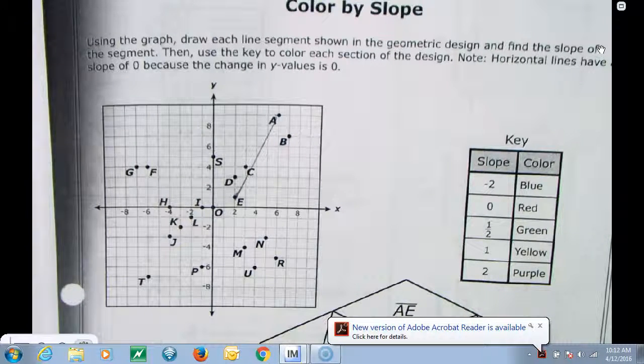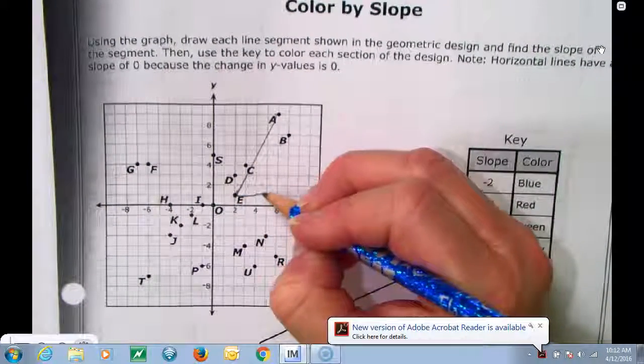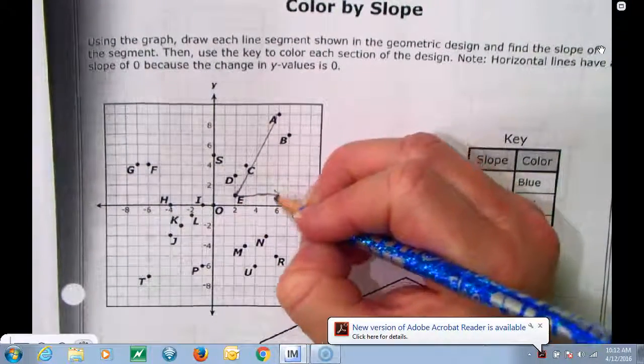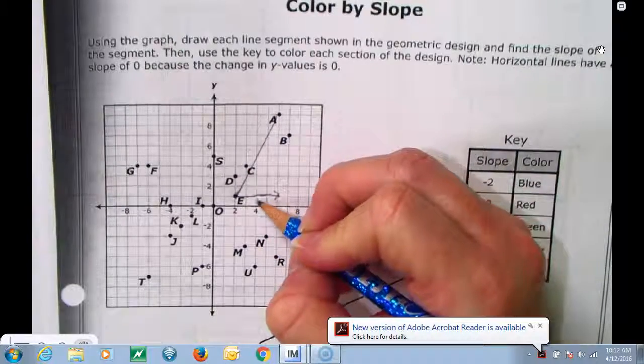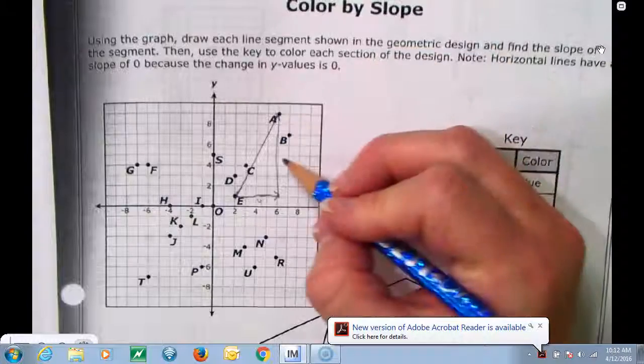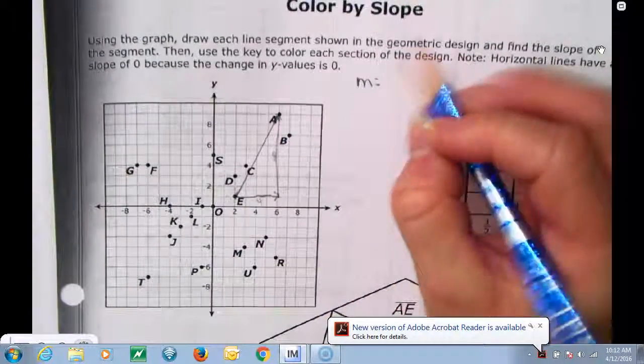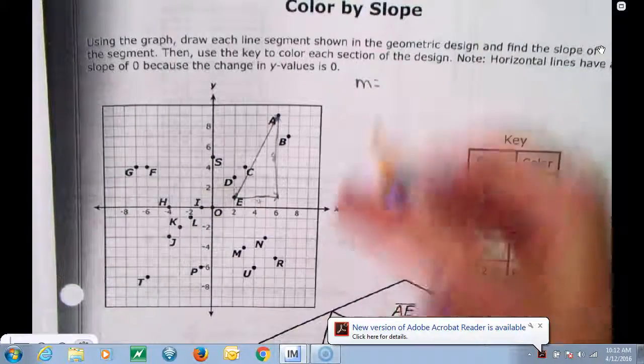I am making a right triangle, but I'm only doing it to get the slope, which is rise over run. Good. So I'm going to run how many? 4. Lightly put that on there. I'm going up how many? 8. Awesome.